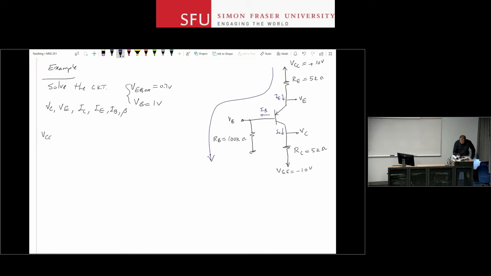It tells VCC is equal to IE times RE, the voltage drop across that resistor, plus VEB, the emitter base voltage, plus VB. And VB in this case, I can write that equation based on IBRB. Or I know this is VB. Okay?